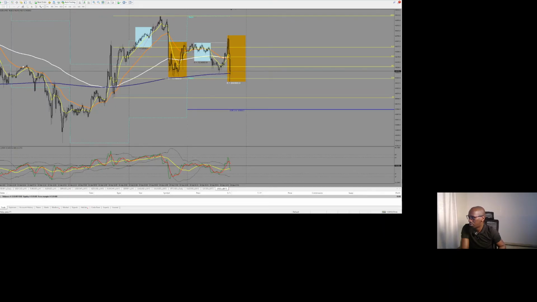So let's wait and see. Probably price comes down here and liquidates orders below here and here, or price decides to just turn from where it is.